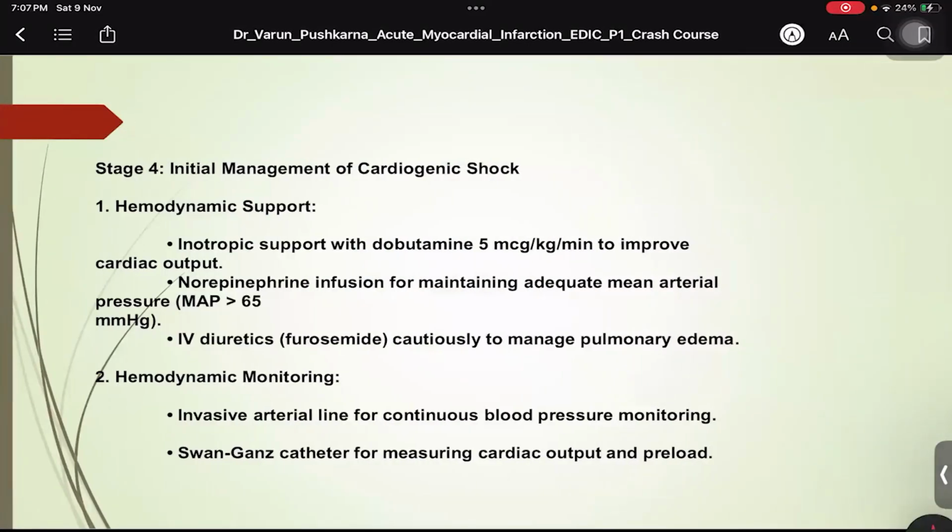So what did we do here? Because this patient's blood pressure was low, the patient was cold and clammy, the urine output was decreasing, the patient was having pulmonary edema. This patient was started on inotropic support with dobutamine to improve the cardiac output, along with norepinephrine infusion to maintain the mean arterial blood pressure above 65 millimeters of mercury.